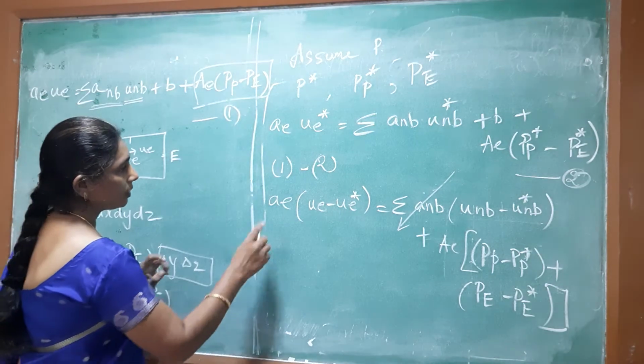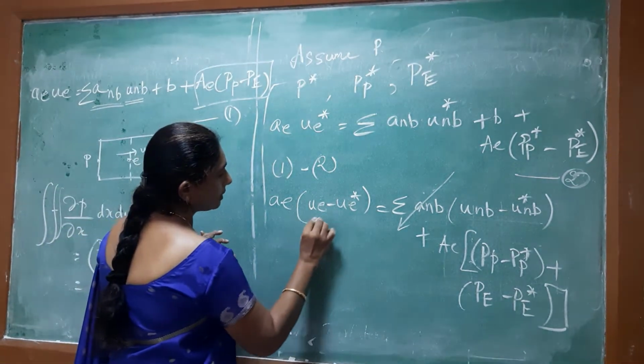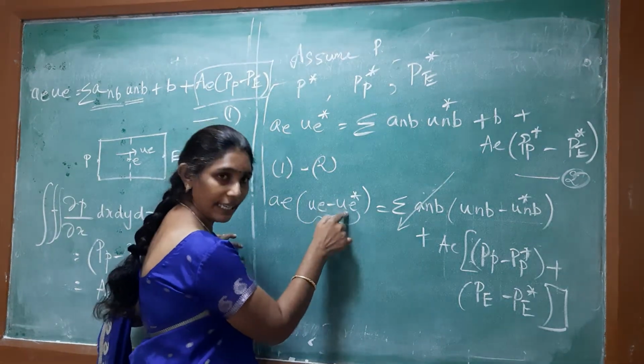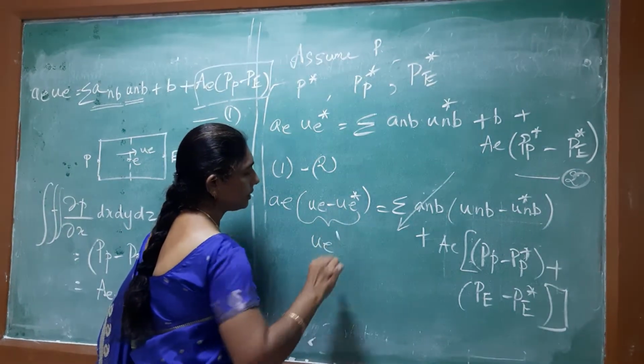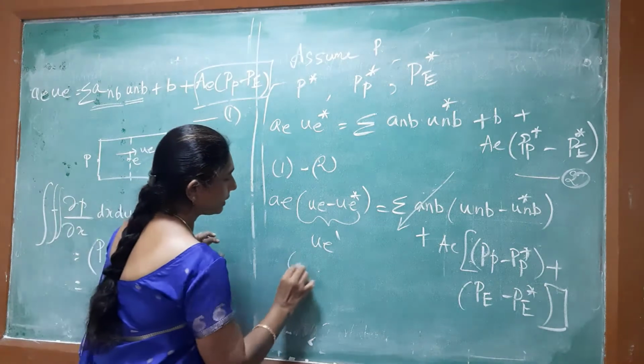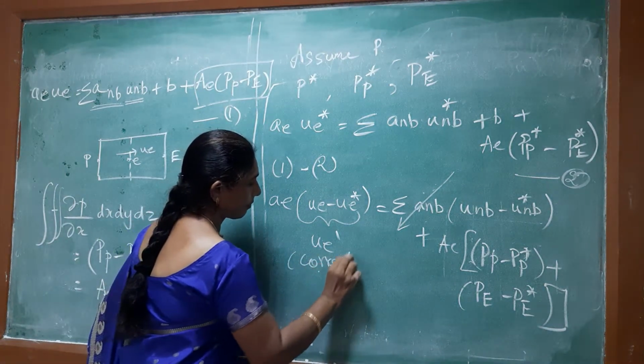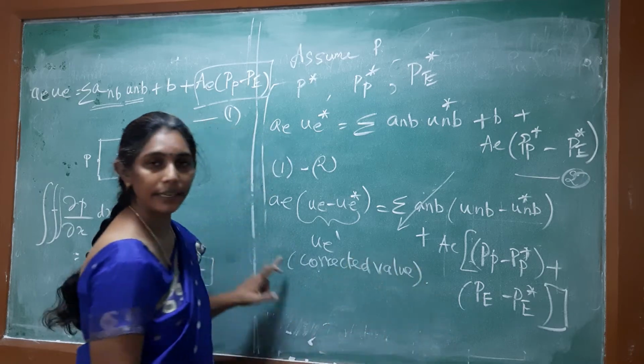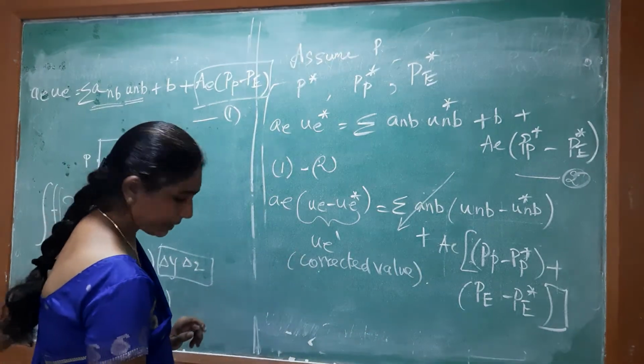Now this UE original value minus UE guessed value is called UE dash, which is called the corrected value. Now I am going to rewrite this equation.